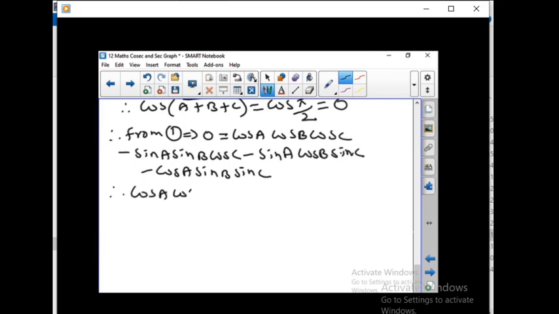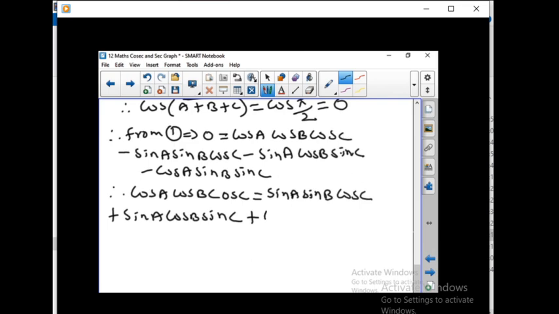Okay, so we get cos A cos B cos C is equal to sin A sin B cos C plus sin A cos B sin C plus cos A sin B sin C. Hence, it is proved.